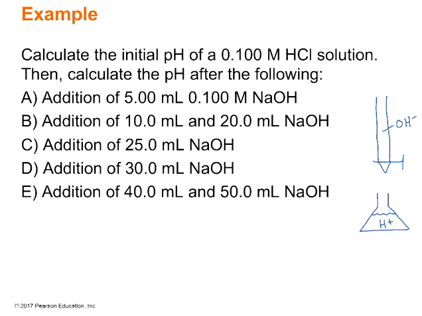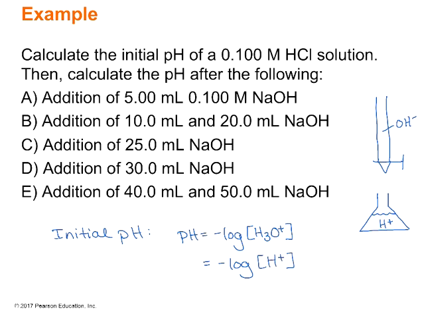So let's calculate the initial pH of this solution. We know that pH is equal to the negative log of the concentration of hydronium ions. And remember, hydronium ions are equivalent to hydrogen ions. So we're just going to plug in the concentration of hydrogen ions. And again, remember that hydrochloric acid completely dissociates or ionizes in water. So we end up with hydrogen ions and chloride ions.